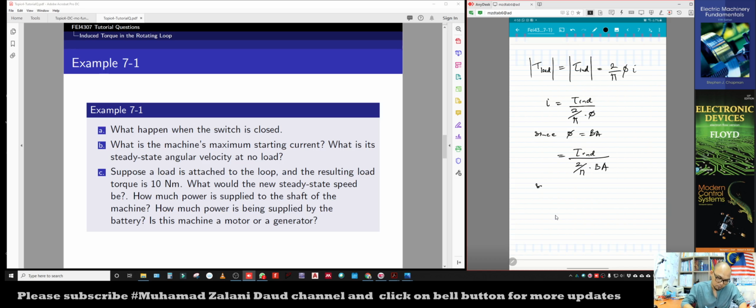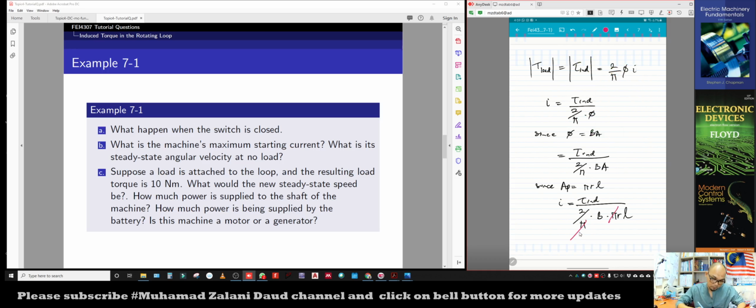And then again, since A is pi RL, the same thing we have done in our previous question as well, 2 over pi B pi RL. So in that case, we know that this pi can be cancelled.